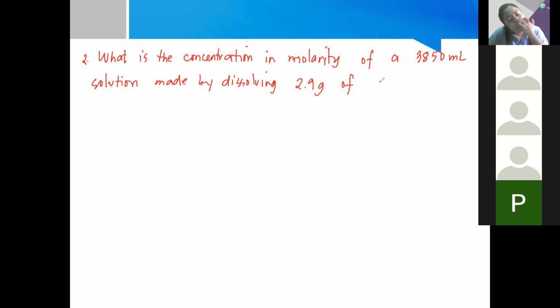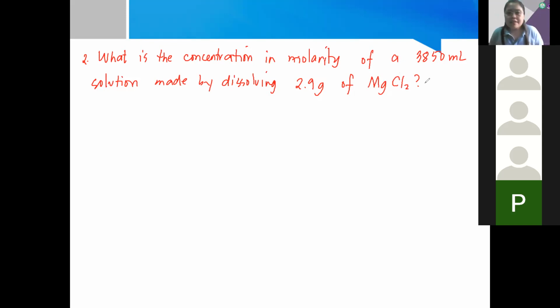So again, in molarity, we don't need the F, the equivalence factor. We don't need to compute the equivalent and the milli-equivalent weights. Diretso na. Okay? Kindly send your answers sa private chat para ma-record yung inyong recitation.